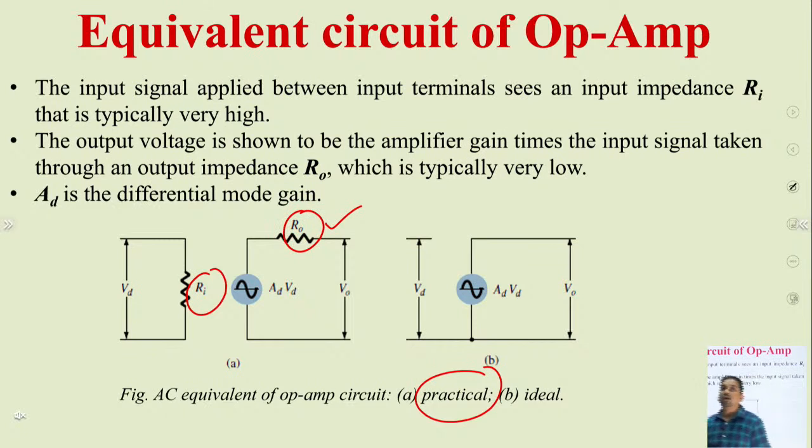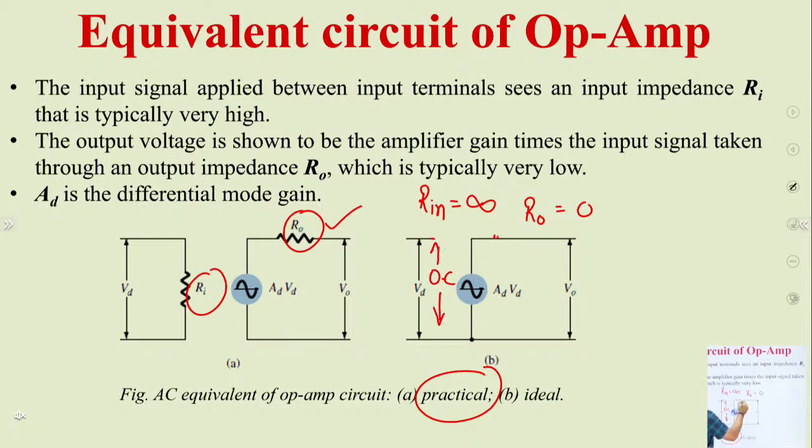But what happens when this is an ideal circuit? That means this R input is infinite. Ideally this value is very high, infinite, and this R output is 0. So if we put R input as infinite, clearly we can say that this circuit will be an open circuit.